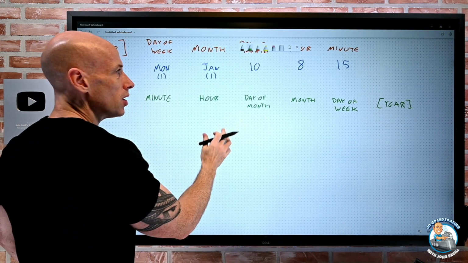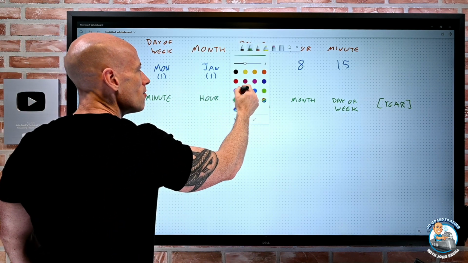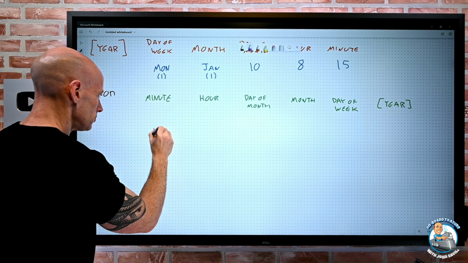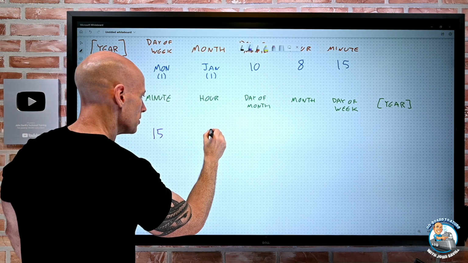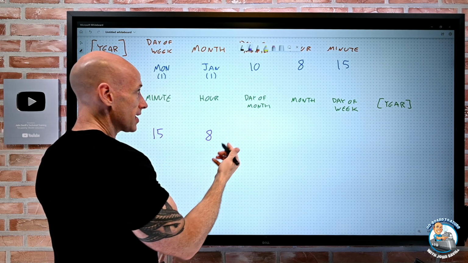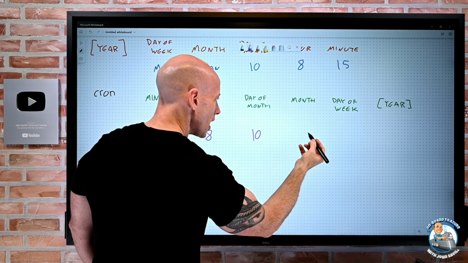And so what this would look like, we could take that same timing and apply it to this. Well, now I would just see, okay, so my minute is 15. My hour is 8. Day of the month. Well, okay, I'll say that's the 10th again, the 10th of January.